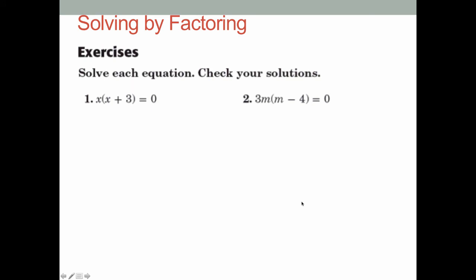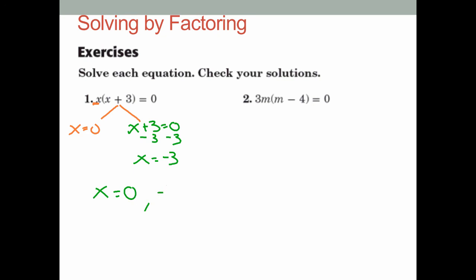So these two examples just use that zero product property, where I split it into two cases, where x equals 0, this first piece, and then the second piece, x plus 3 equals 0. Many of you can just jump to subtracting negative 3 on both sides. So x is 0 or negative 3. Those are my two results.